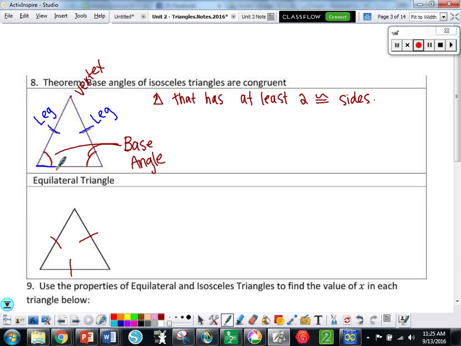And then right across from the vertex, that is called the base. And what do we know about the legs? They're equal to each other, they're congruent, and then the base angles are also congruent. We're going to use that idea in helping us solve these problems.